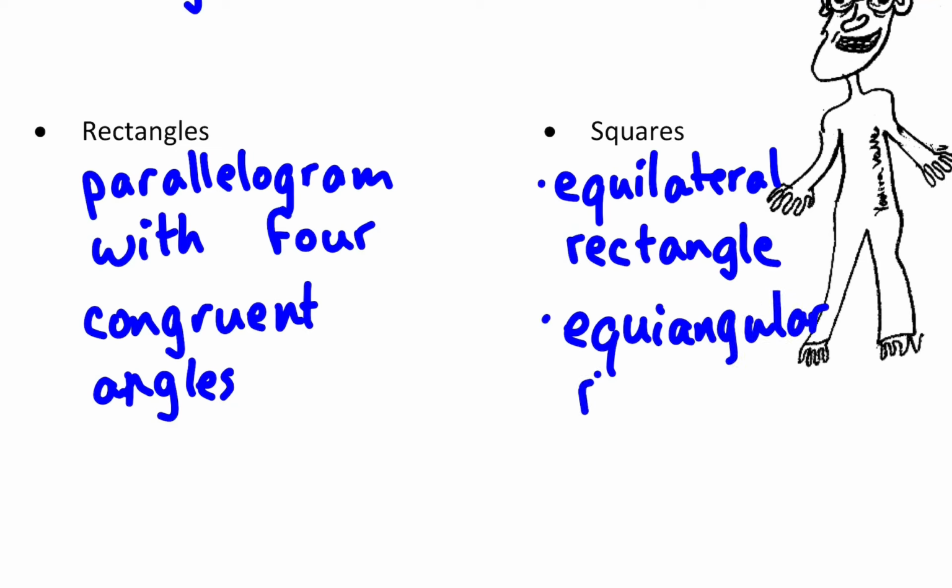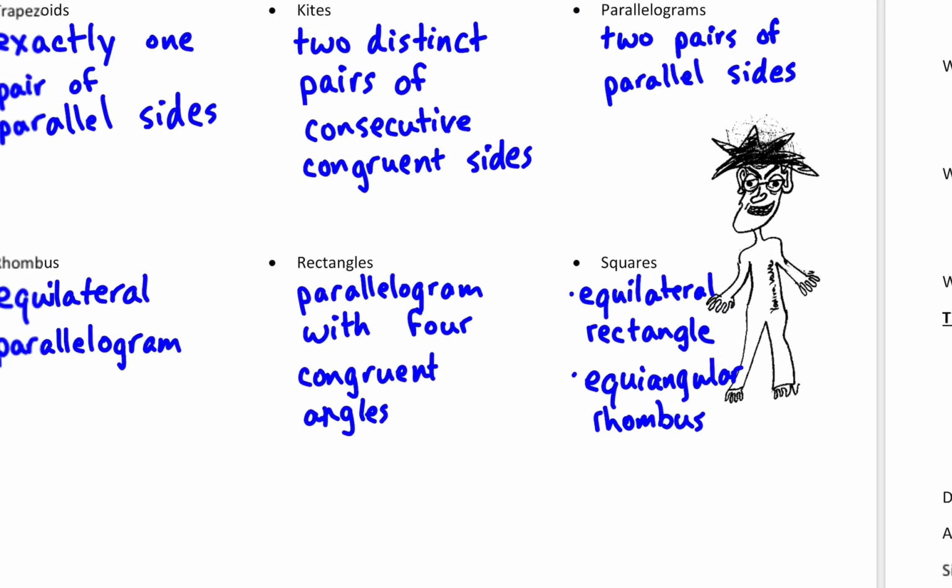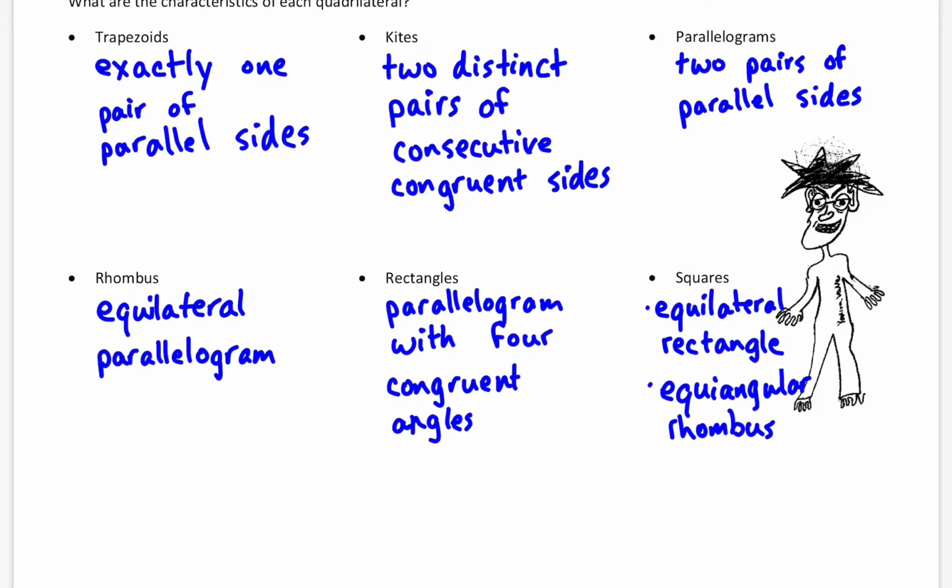Another way that we talk about squares is we say that it's an equiangular rhombus. Equiangular means all the angles are congruent, and a rhombus is an equilateral parallelogram. So equiangular, equilateral parallelogram. So it comes out to be the same thing there. And the last way that we usually talk about a square is a regular quadrilateral.